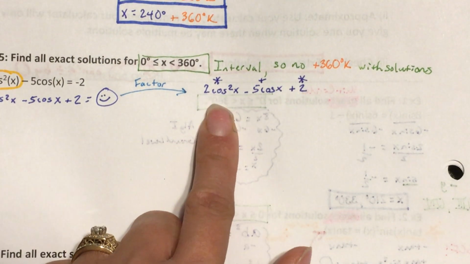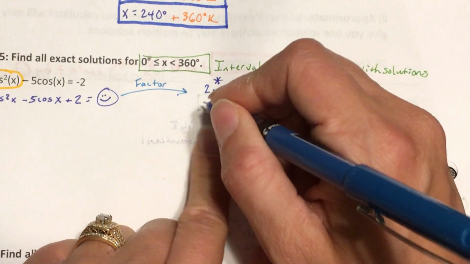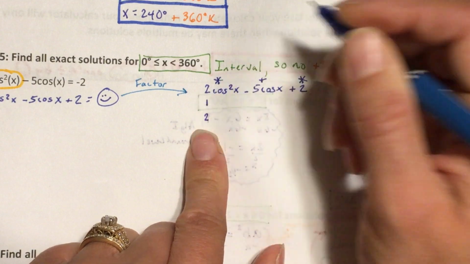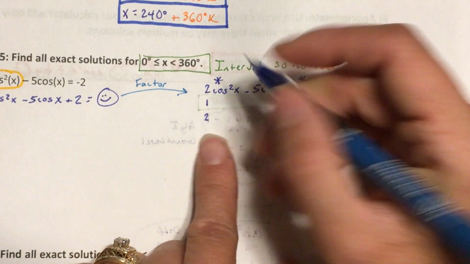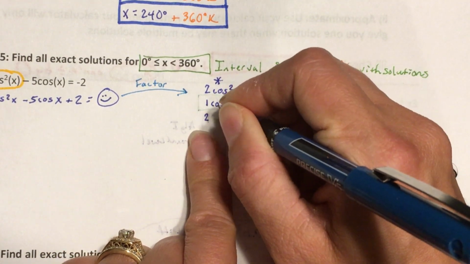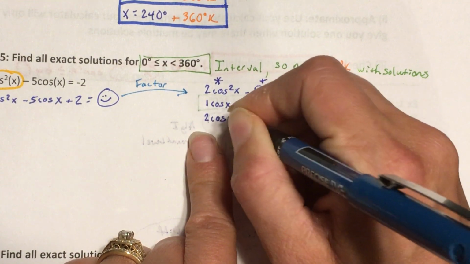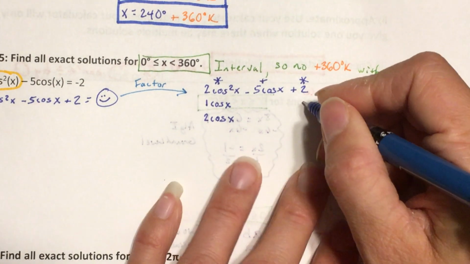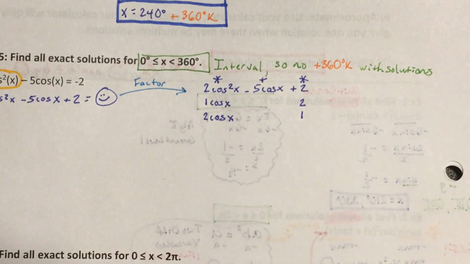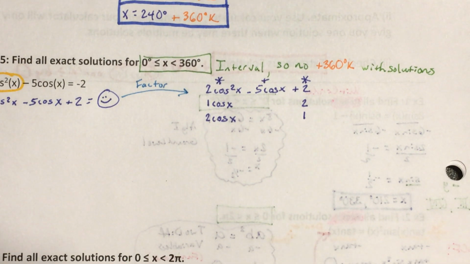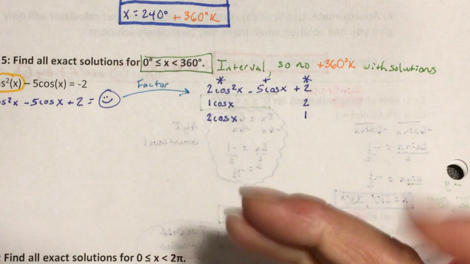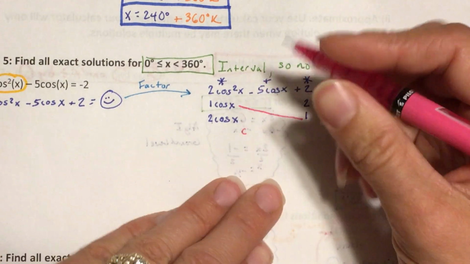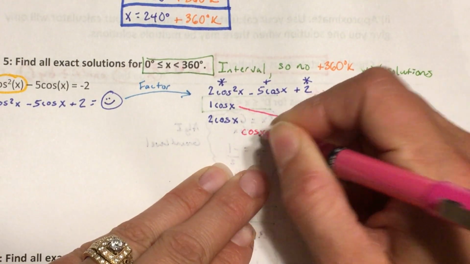So what product will give me 2 cosine squared x? Well, let's start with the 2. 1 and 2 will give me a product of 2. What will give me a product of cosine squared? Cosine and cosine. How will I get a product of 2? I'm going to do 2 and 1. You'll see why in a moment. And then we multiply on the x. So 1 cosine x times 1 is 1 cosine x.